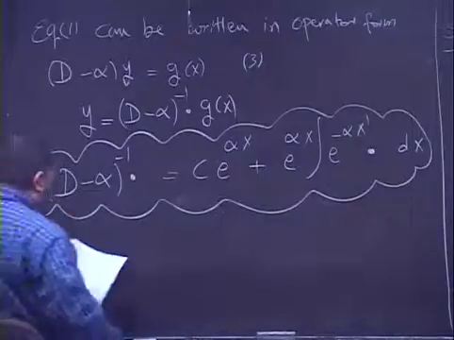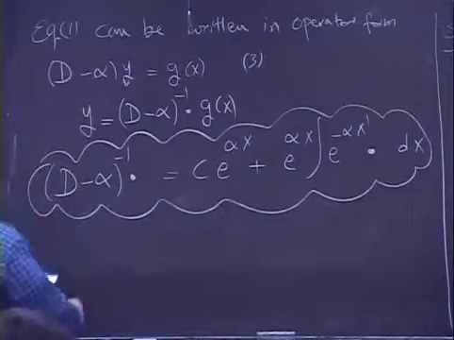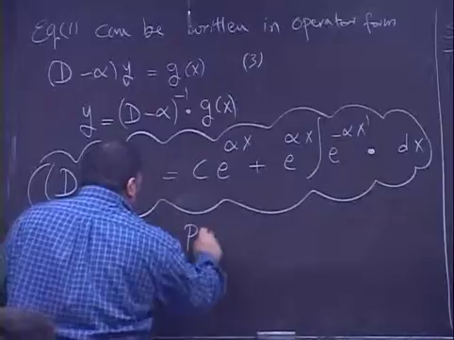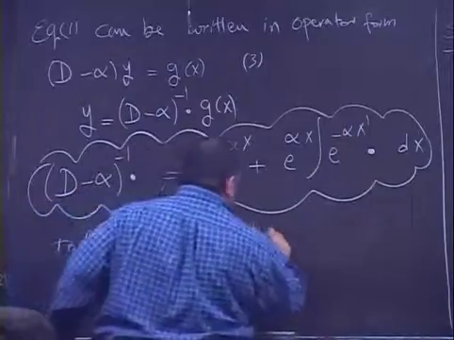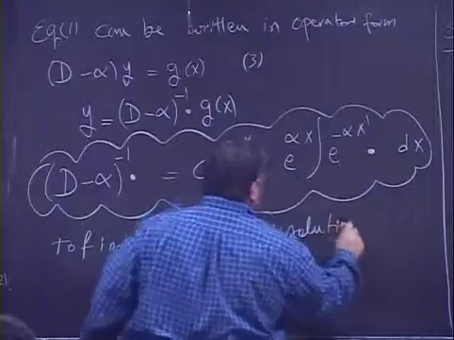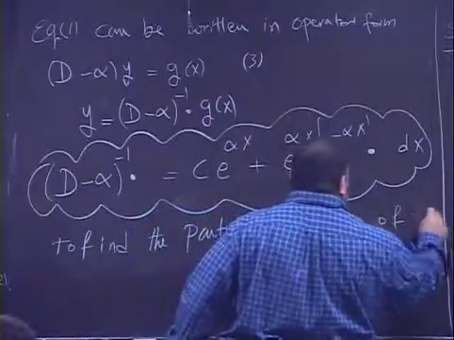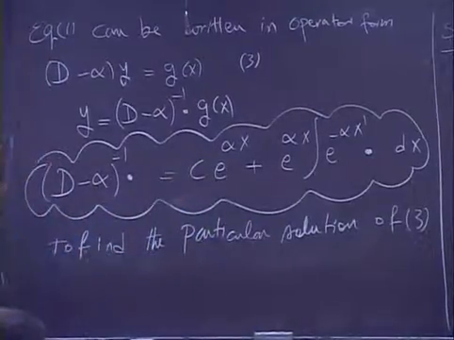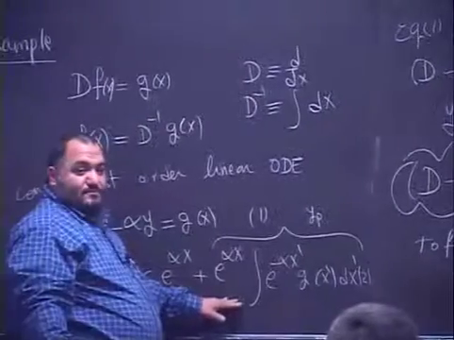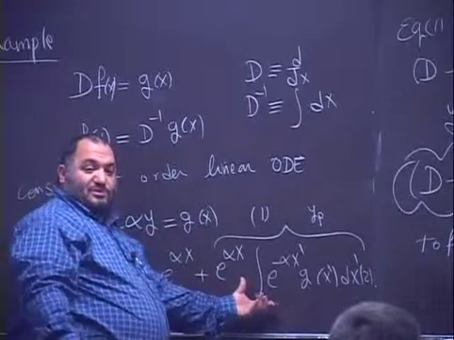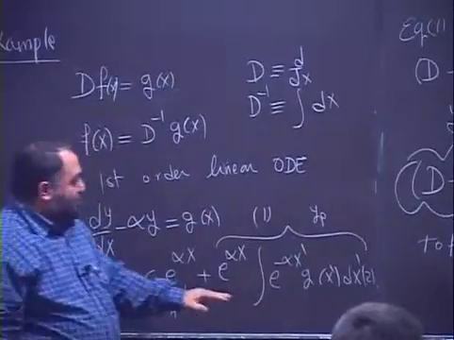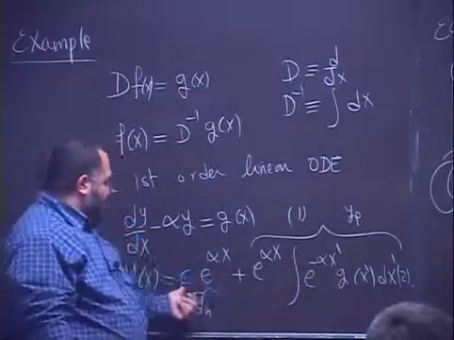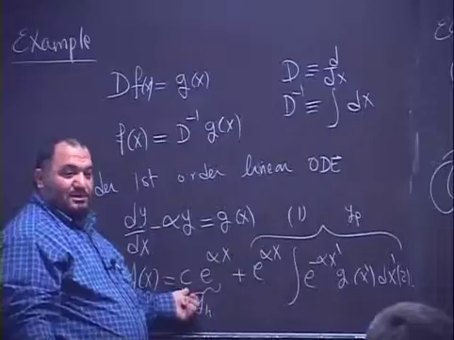So to find the particular solution of equation 3, which is this equation, what's the particular solution from here? This is the particular solution. Yes? So we can deduce the particular solution of this equation, the operator equation, by just setting c equal to what? C equal to 0.